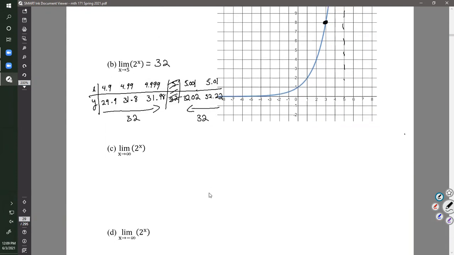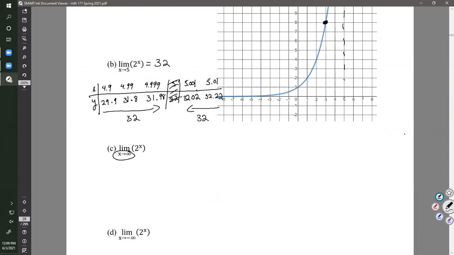Then part C says, what is the limit as x goes to infinity of 2^x? So remember how yesterday we had limits as x approaches a number, and if it went to infinity, we had a vertical asymptote. Well, something kind of different happens here. In this case, we're letting our x values get really, really big.